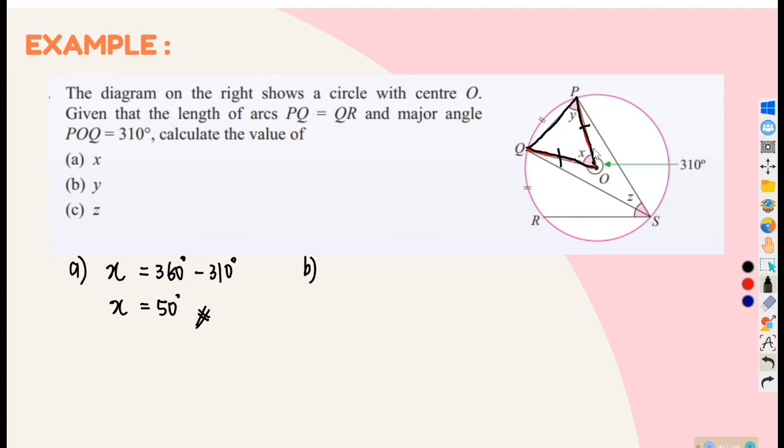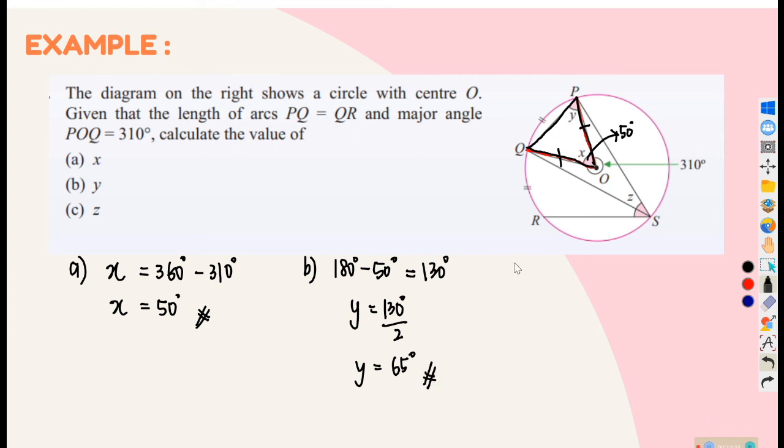We already know x here is 50 degree. So can you find y? 180 minus 50, you will get 130 degree. So y here is equal to 130 degree divided by 2. So y here is 65 degree.